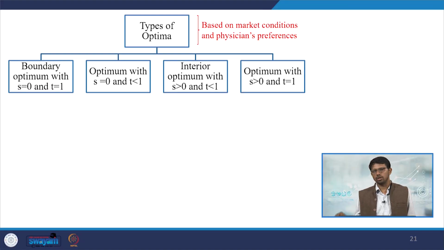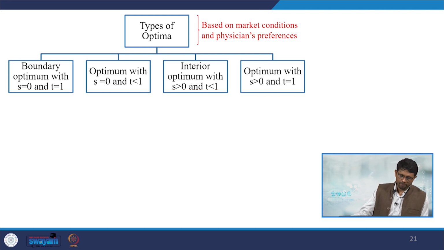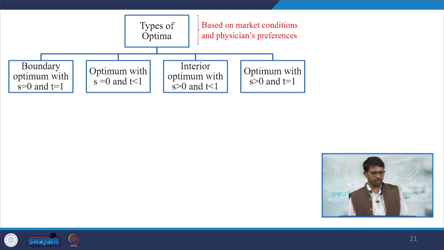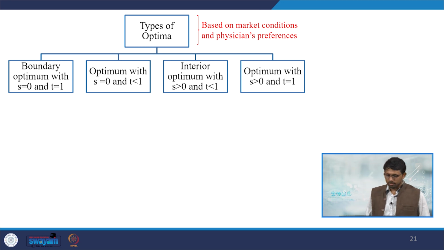When the constraint function is not really rigid or strict, not following a strict boundary, in that case we are supposed to deal with other approaches like Kuhn-Tucker. Here, in the types of optima, there are 4 possibilities. The boundary optimum with s equal to 0 and t equal to 1, and these are all based on market condition and physician's preferences.